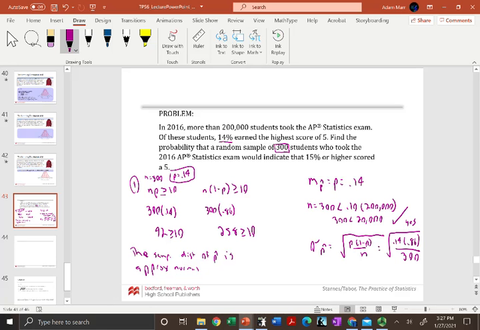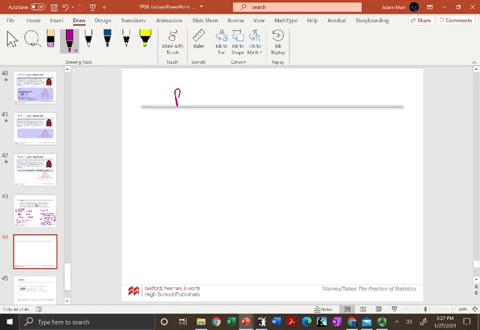And we get 0.0200. Okay, I'll just say 0.02 is the standard deviation of the sample proportion. All right, very good. So we want the probability that a random sample of 300 students who took the exam would get a 15% or higher score.